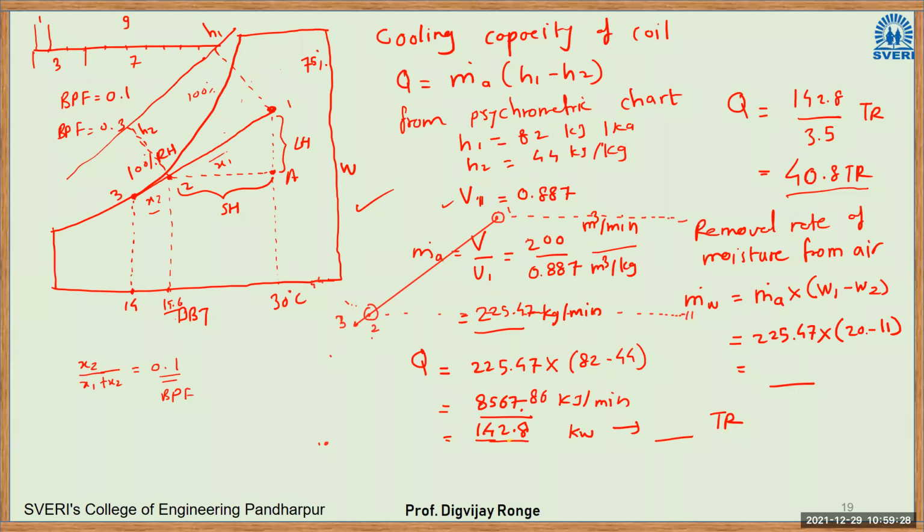For specific humidity there is no unit because the kg and kg will cancel. Yes, it is in grams, so you have to divide it by 1000. Here the unit is grams of water per kg of dry air, so you have to convert grams into kg. So the unit will ultimately be kilogram per minute.